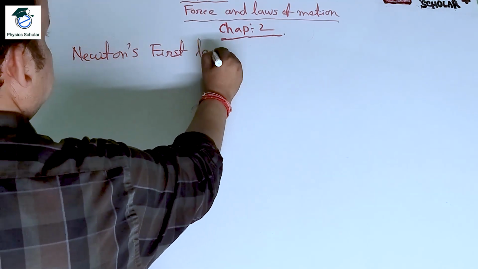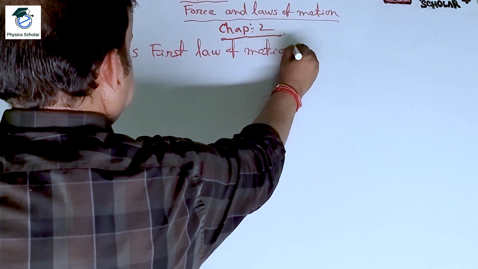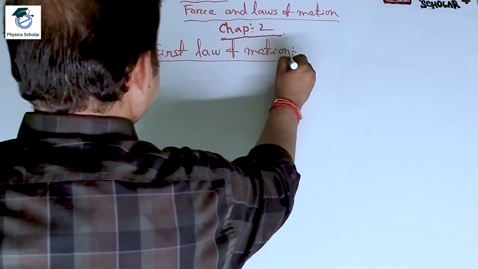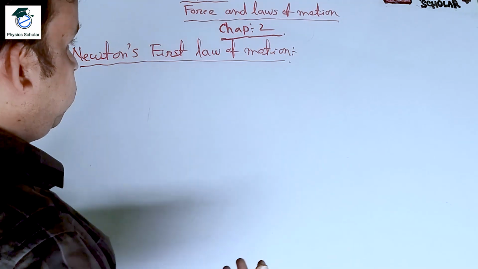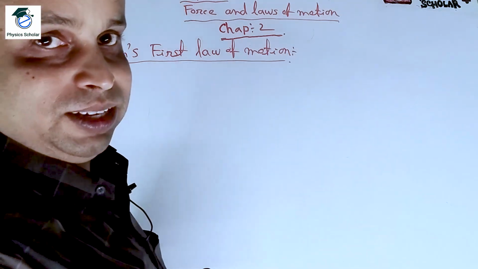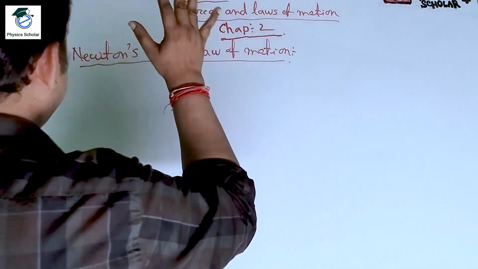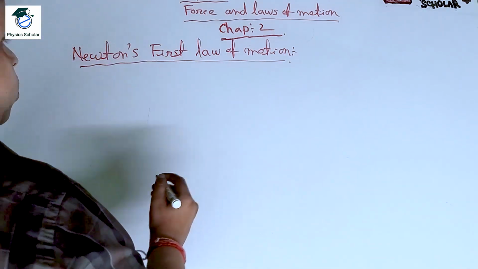In my previous episode, I discussed the state of rest, state of motion, the definition of force, how many types of forces there are, their examples, and the unit of force. Now let us start Newton's first law of motion.